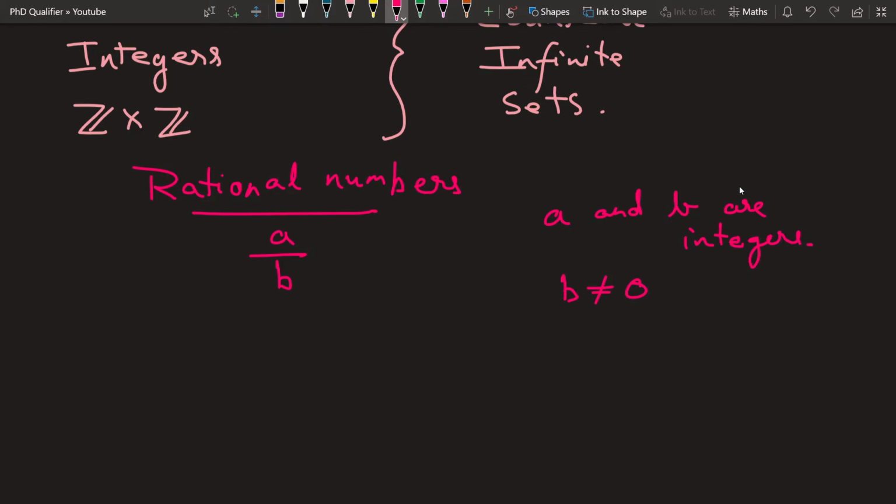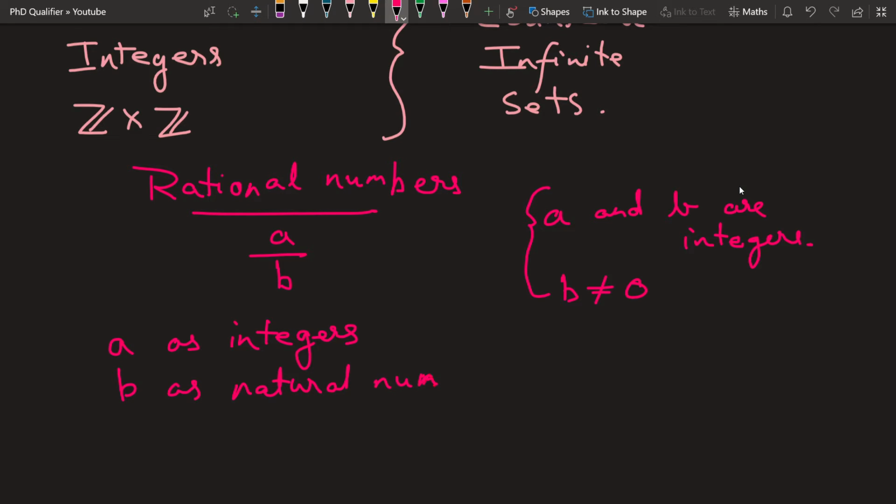In fact, you can also cover all rational numbers if you don't make both a and b integers, just make a an integer and b a natural number.